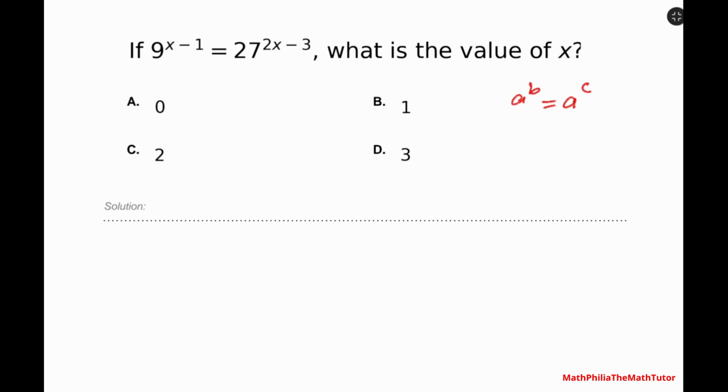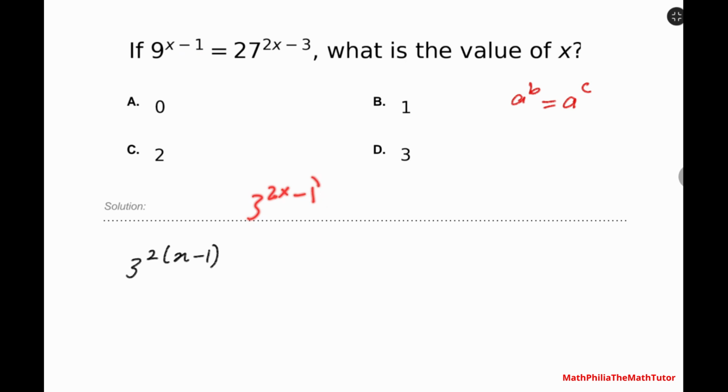So let's see here. Well, when you look at 9, 9 is the same as 3 raised to the power of 2, right? And because we have this exponent here, let's just go ahead and write that. Again, open a bracket, because you have two terms. Don't make that mistake of writing 3 raised to the power of 2 multiplied by x, 2x, then minus 1.